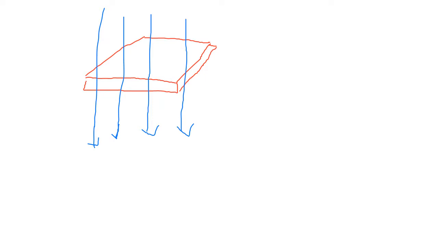So the more of these lines passing through our surface area, the higher our flux density will be.